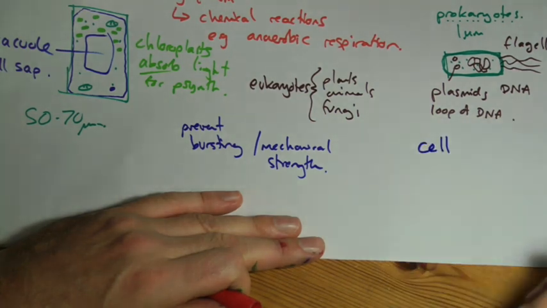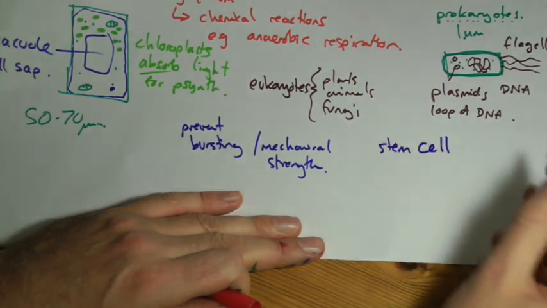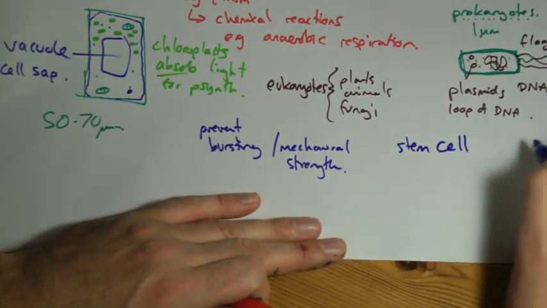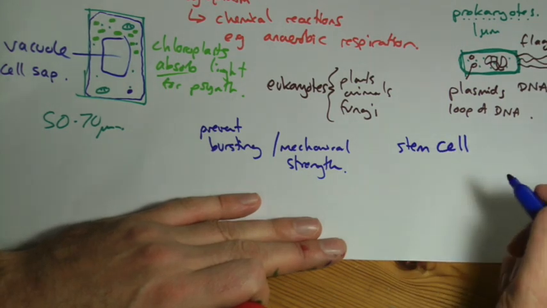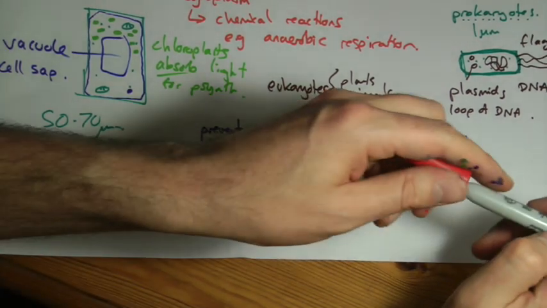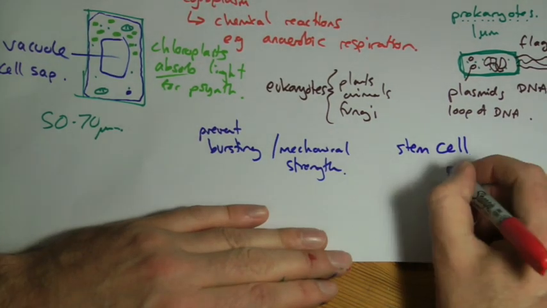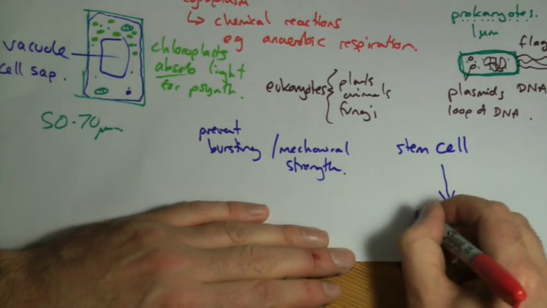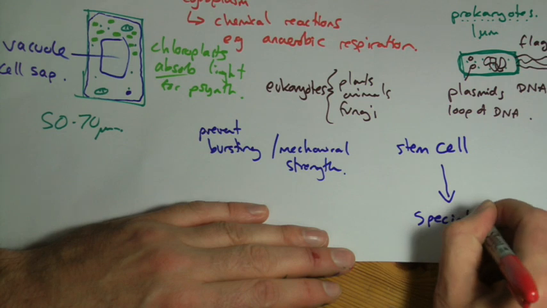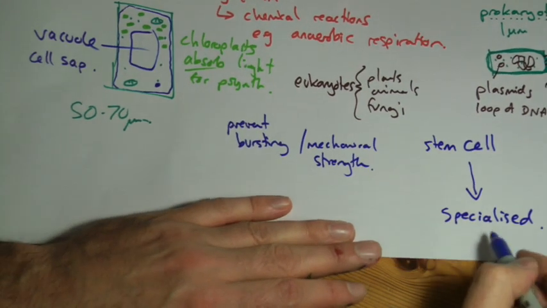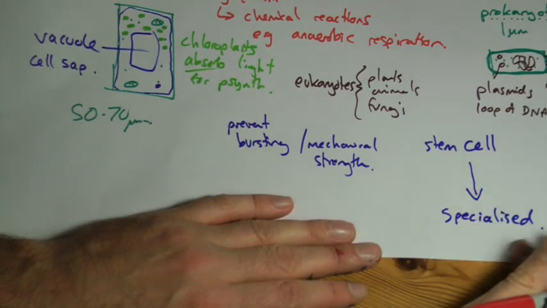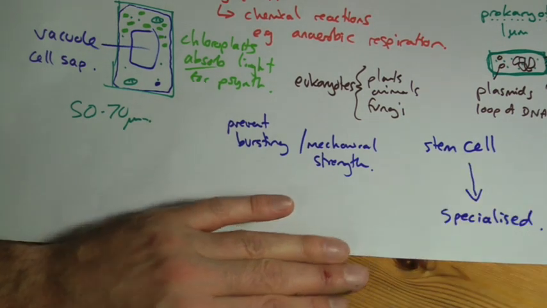Cells at first, I suppose you could call them stem cells, why not, because it comes up in chapter B2. A stem cell is a basic kind of cell. It's not done anything yet, it hasn't changed into anything. When it changes, we say the cell has become specialized. So it might become a blood cell, it might become a bone cell, it might become a nerve cell, or whatever it may become.